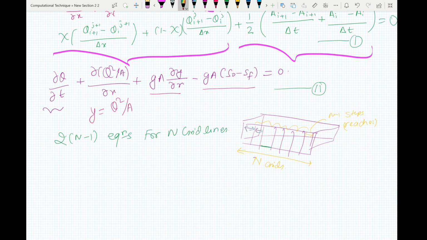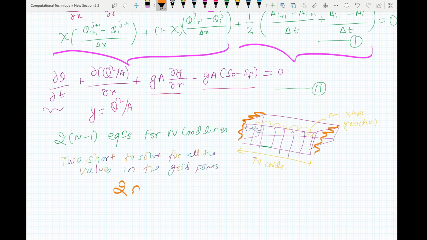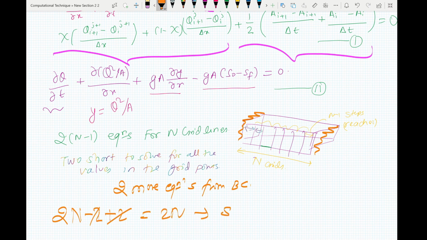Therefore, we are two short to solve for all the values in the grid points. The other two equations are obtained from your boundary conditions here and here. So we get two more equations from boundary conditions. Therefore, you will have 2n equations, and you can solve for the unknown points in the grid.